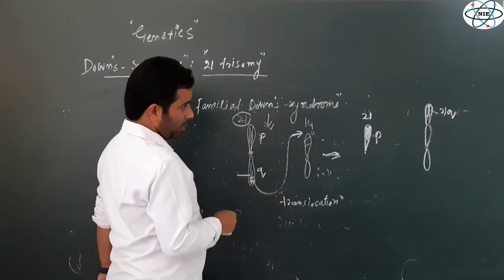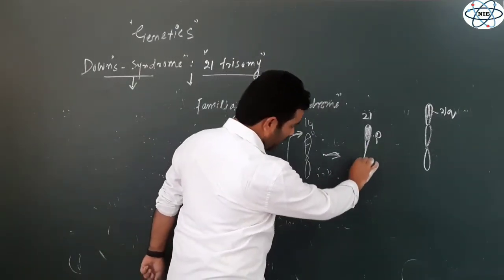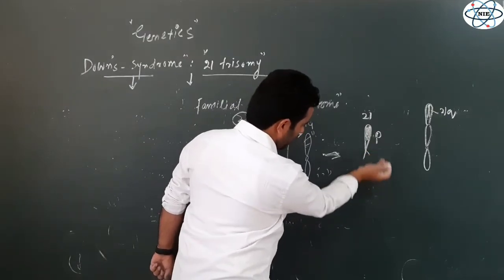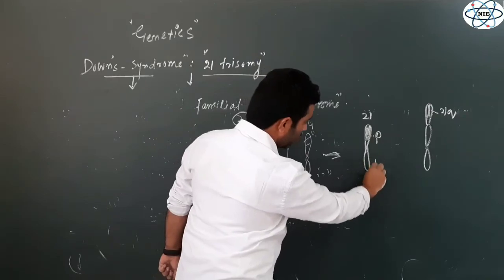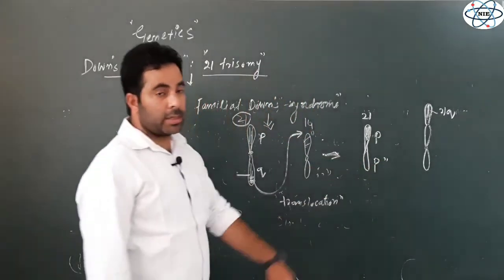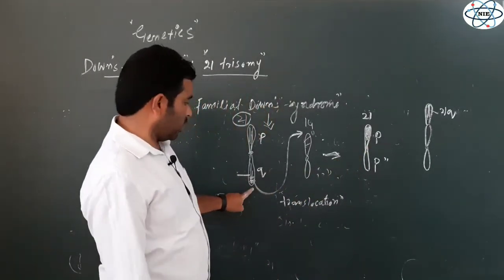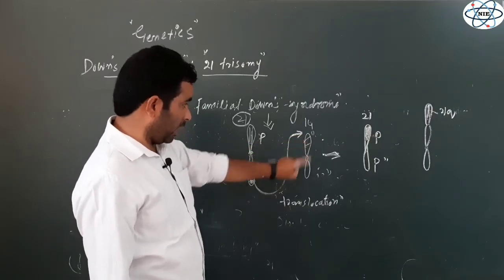Sometimes what happens with this chromosome number 21, it duplicates its P arm again, and there are two P arms in the 21. A very interesting thing if you can understand. This 21, which has lost its Q arm, the long arm, that is translocated to the 14, right?